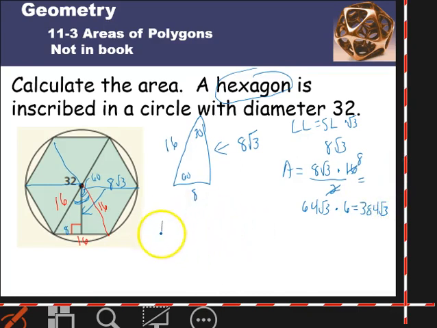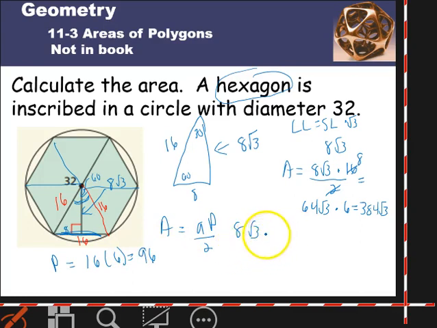The other way I could do it is use the apothem times the perimeter divided by 2. Well, I just found the apothem. It was 8 radical 3. The perimeter of this is, each of these sides is 16. So there's 16 times 6 for the perimeter, which is 96. So the apothem, which is 8 root 3, times the perimeter, which is 96, and I divide that by 2.